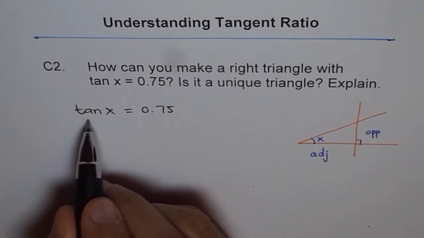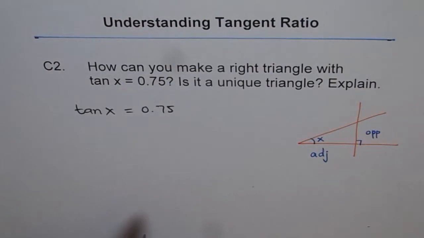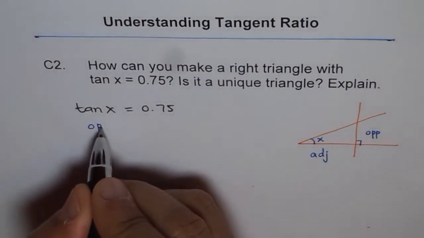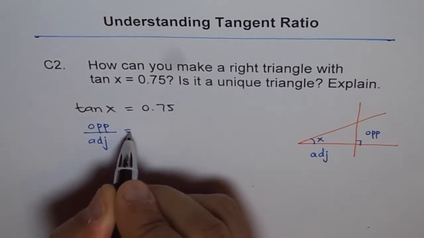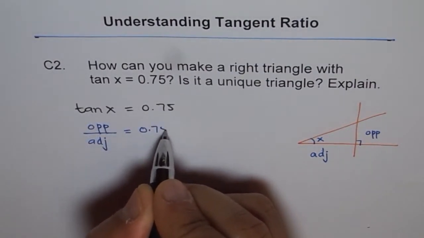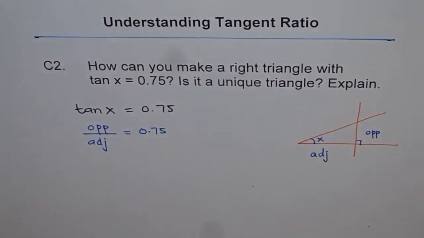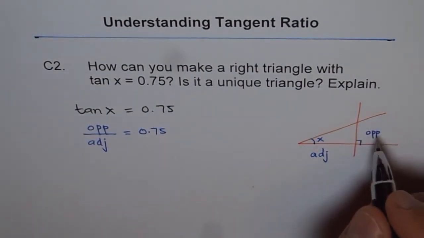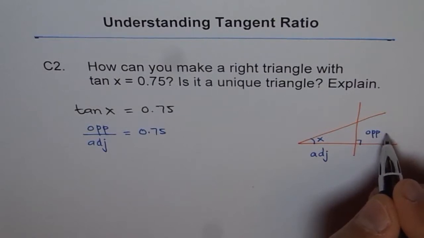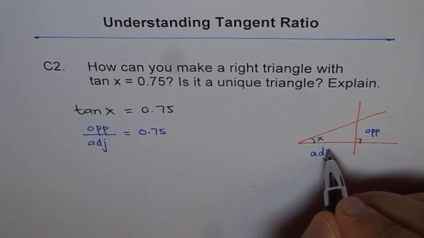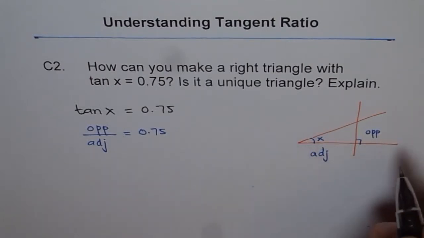So when we say tan x equals 0.75, we mean that the ratio of opposite side over adjacent side is equal to 0.75. Correct? It means if I make a right triangle with opposite side as, let us say, 0.75, then this side will be 1. Right?